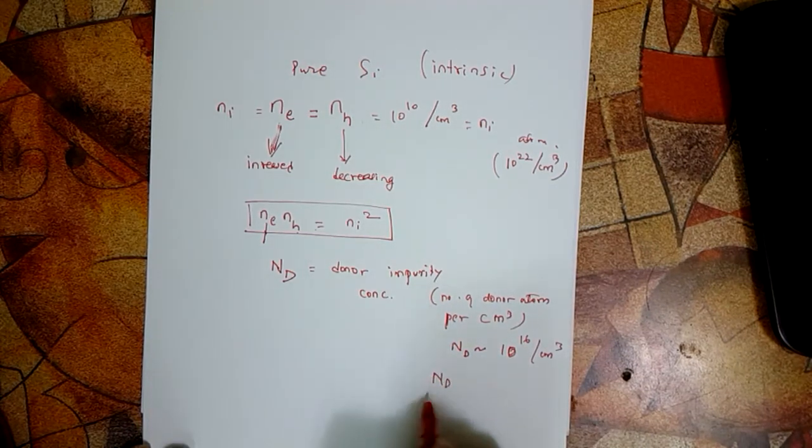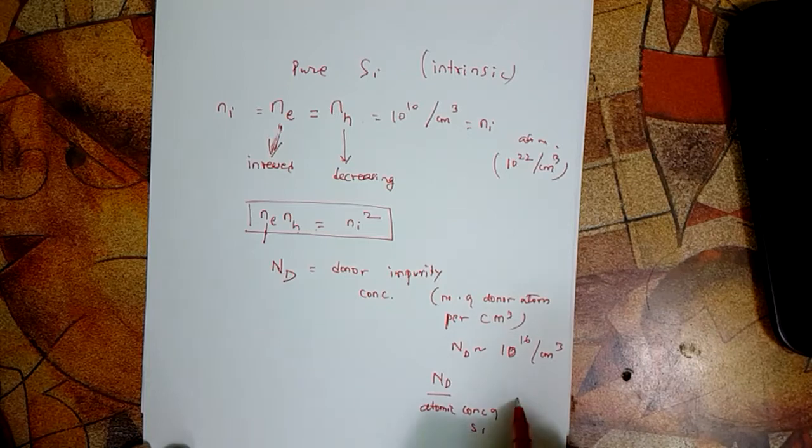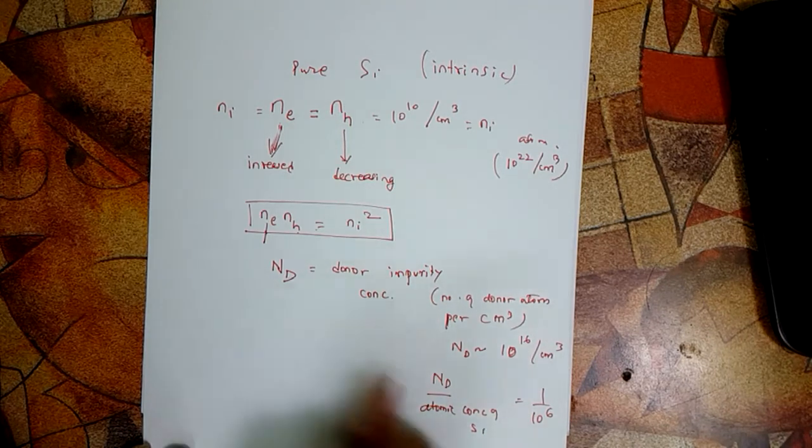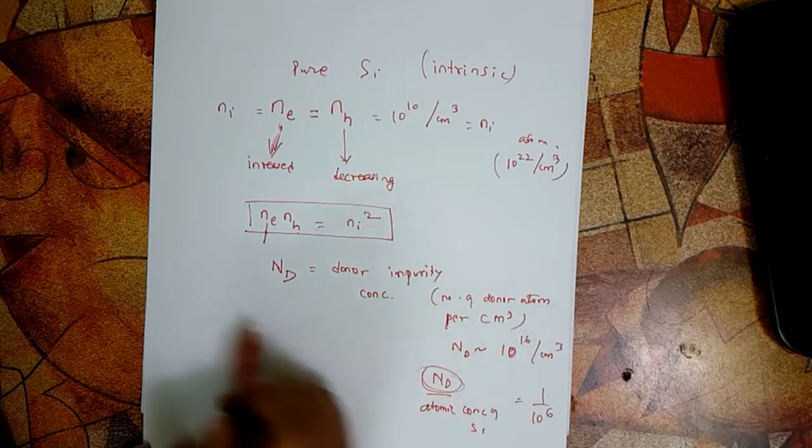So Nd by the atomic concentration of silicon will be 1 by 10 raised to 6, which means out of 1 million atoms of silicon, only one phosphorus atom is added.